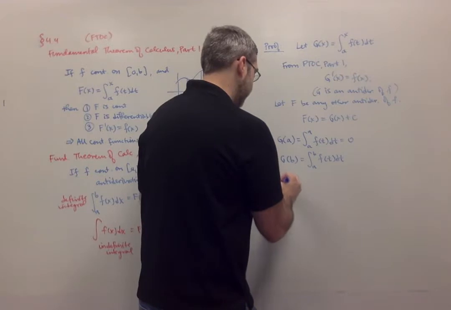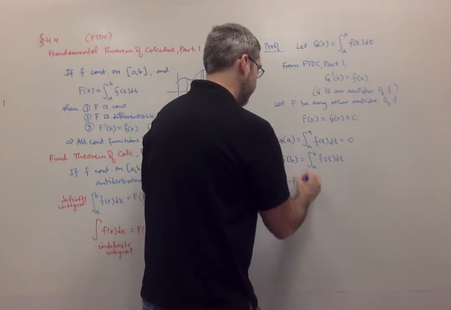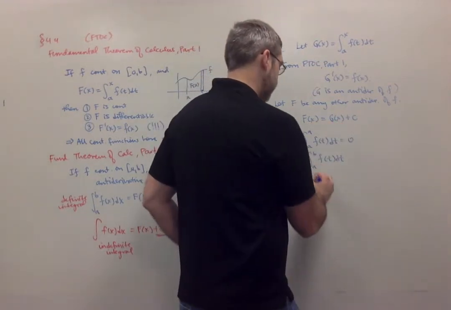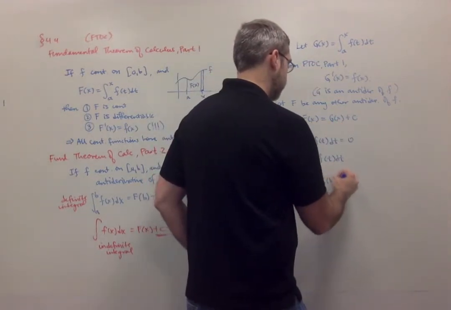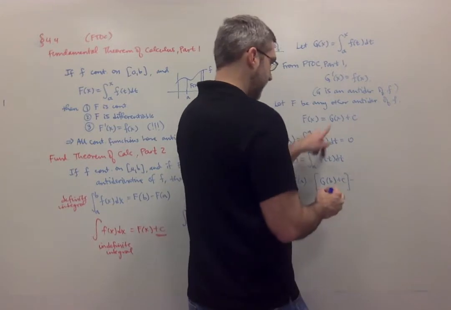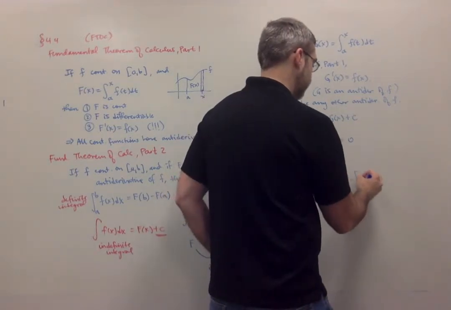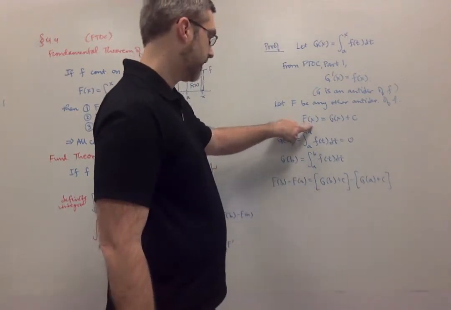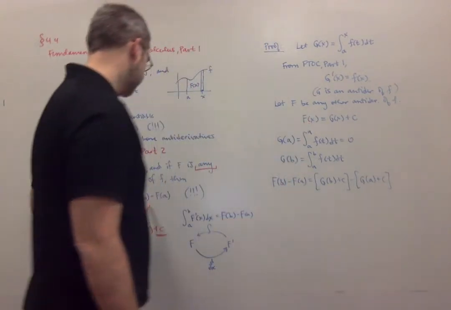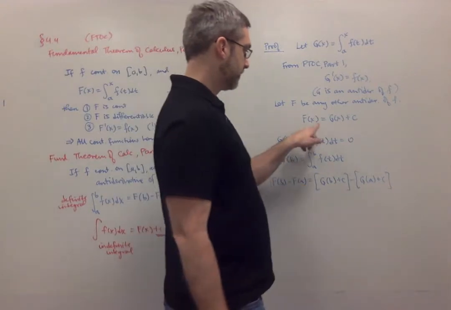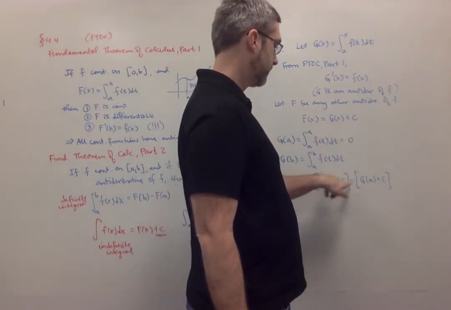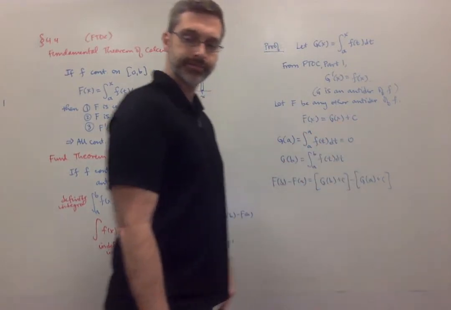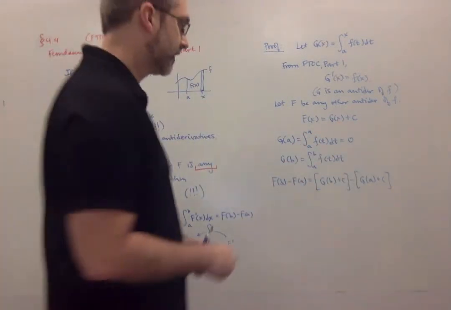Okay, so here's where we get the end of the proof. If I take f of B minus f of A, well, f of B is just g of B plus a constant. F of A is just g of A plus a constant. Do you see what I did? F of B minus f of A, which is my goal here, is just g of B plus a constant minus g of A plus a constant. You can see the constants are going to cancel, right?